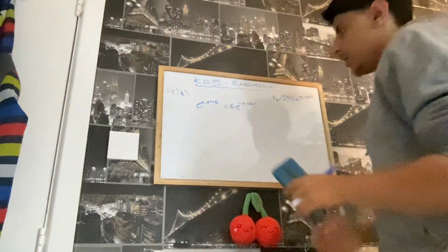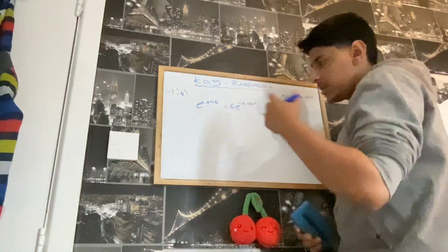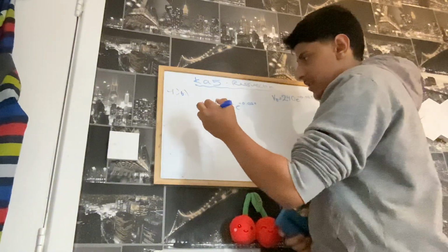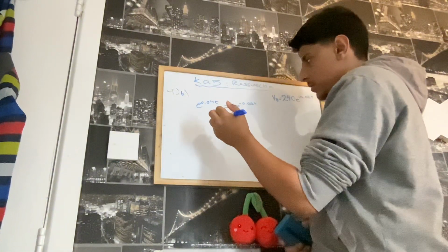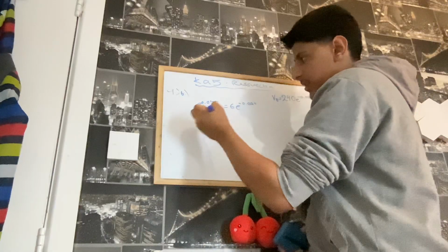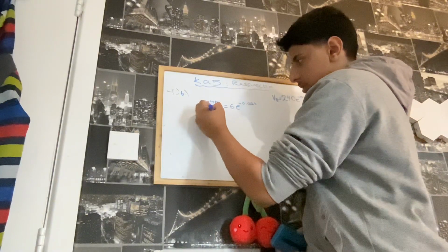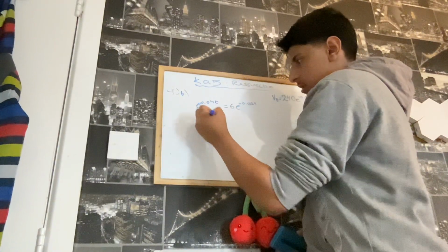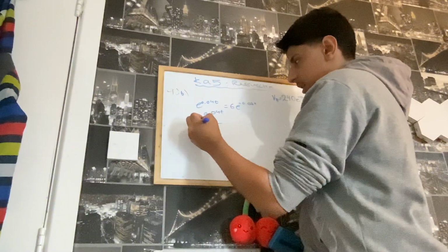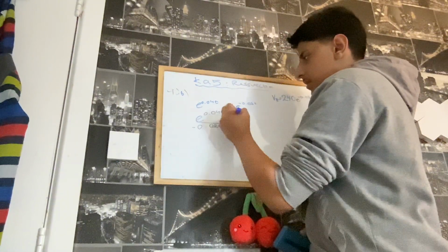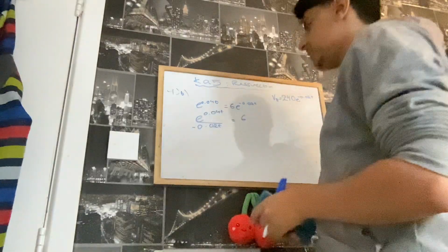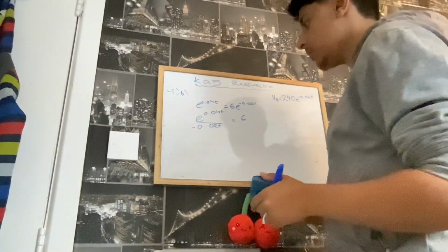Now we could divide each side by e^(-0.02t). Let's try that. e^(0.04t) divided by e^(-0.02t) equals 6. But we have to tidy it up now.